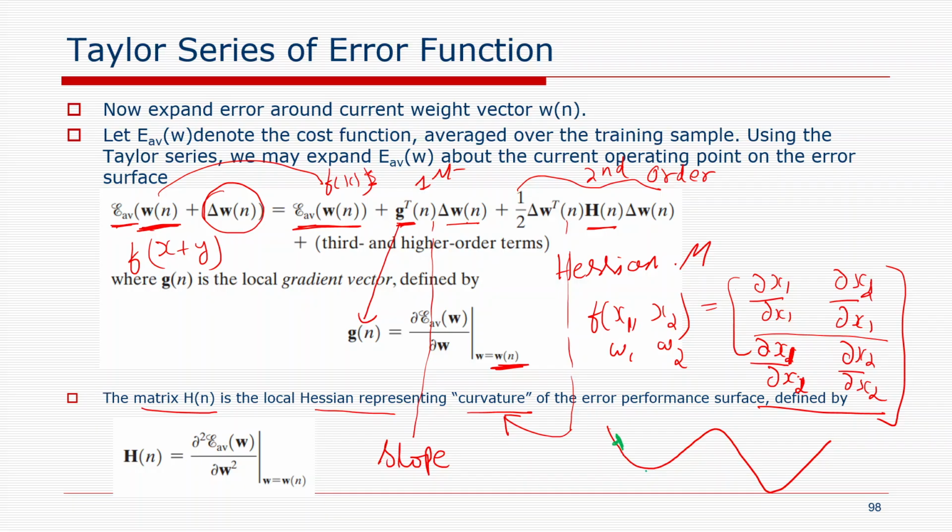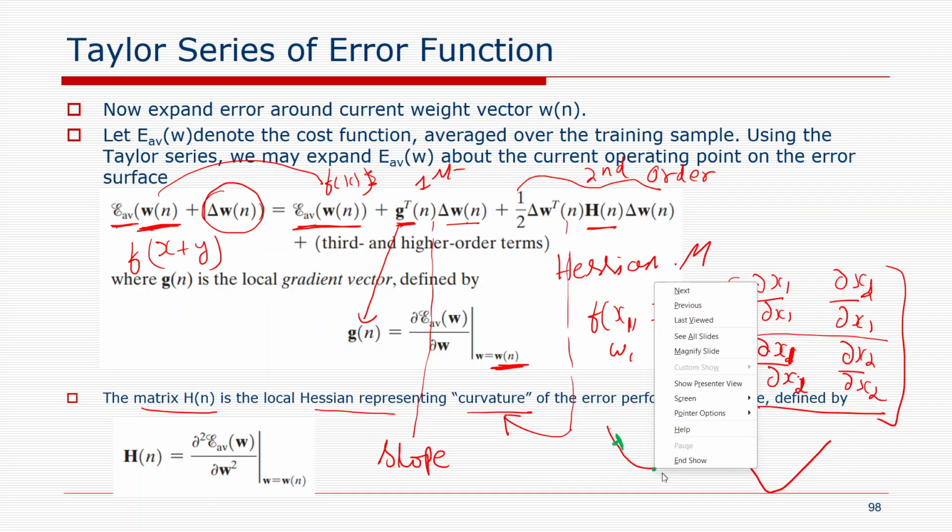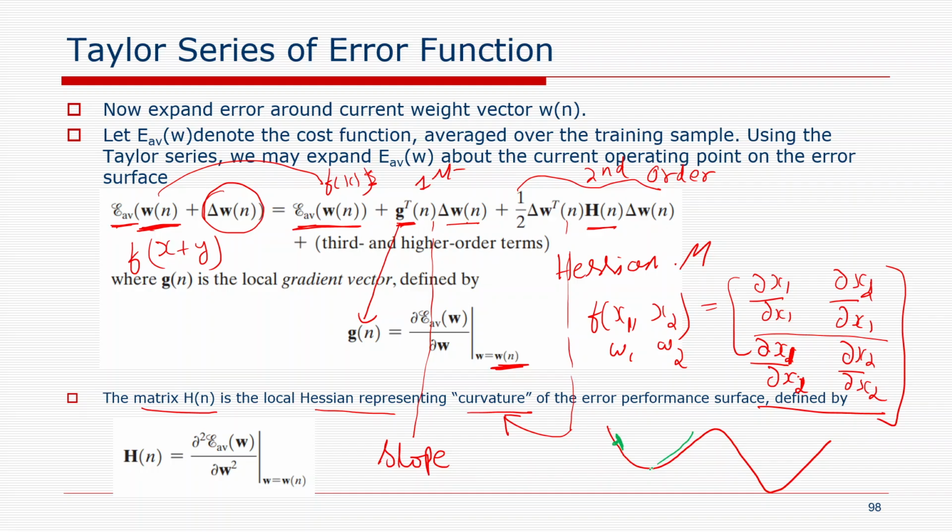But when I'm here, I should know whether my curvature is going to move up or down. This is a curvature up, but if I'm here, this is a curvature down, and this is curvature up. If we go with the first order derivative, I'll know the information only about the slope, but not about the curvature.